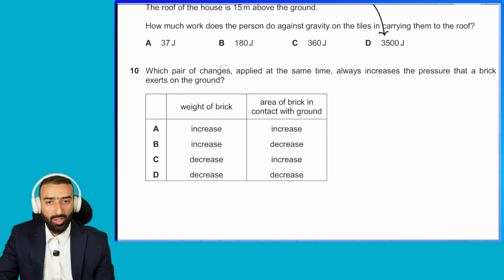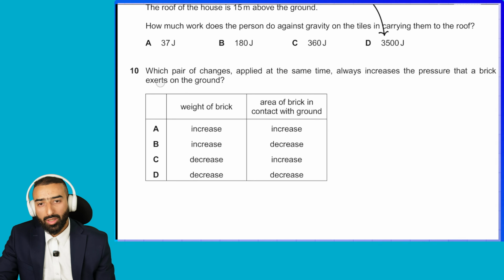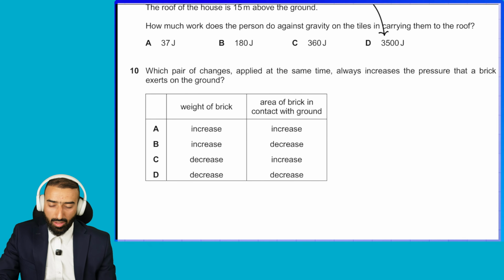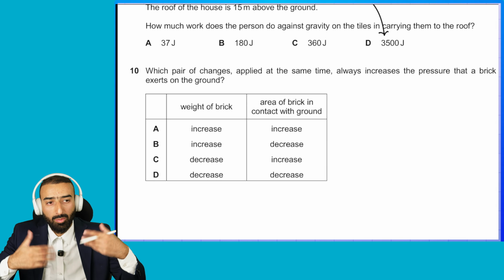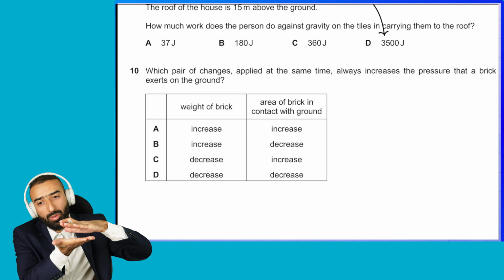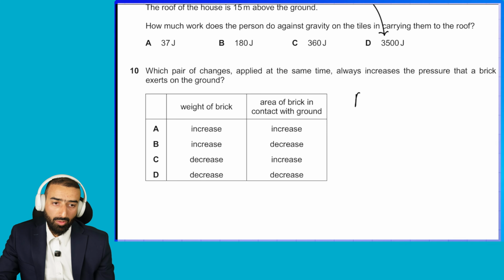Which pair of changes applied at the same time always increases the pressure that a brick exerts on the ground? So we have to look at a particular combination that increases the pressure that the brick presses down on the ground. We know that the equation for pressure is force over area.